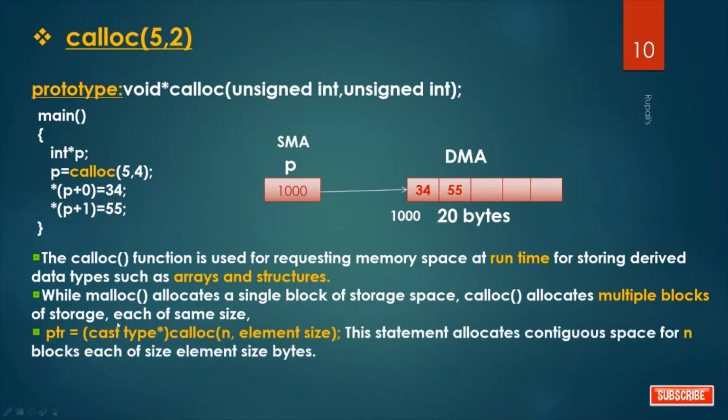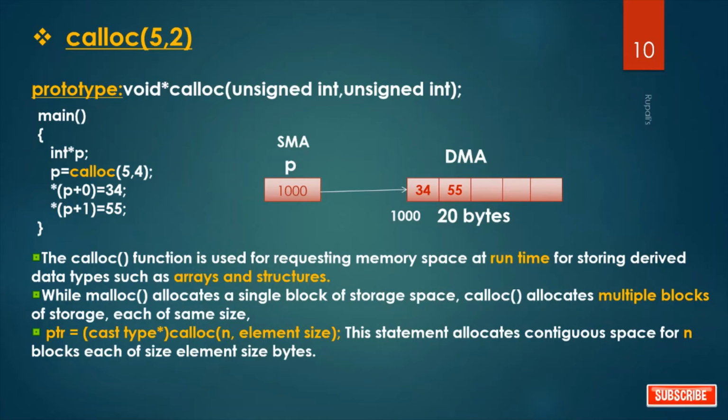So ptr equals cast type star means you have to do typecasting. Typecasting is missing here, but you have to write it on your own, so here you write int star. Cast type star calloc(n, element size) means the statement allocates contiguous space for n blocks, each of element size bytes.